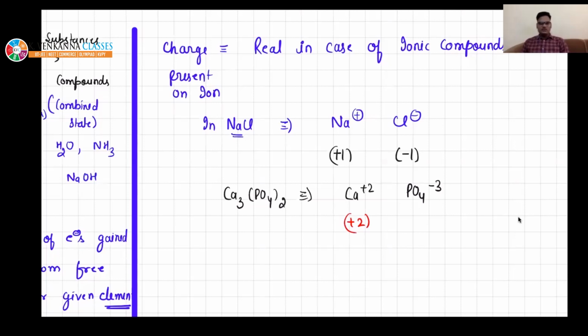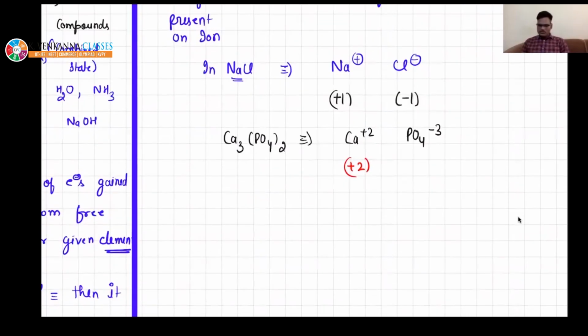We are not talking collectively about the phosphate ion; we will deal with that later. So if a compound is ionic, how will you understand that? All the salts, which we get after the reaction of acid and base, are ionic, and the charge on the ions is real. So this is our first case.